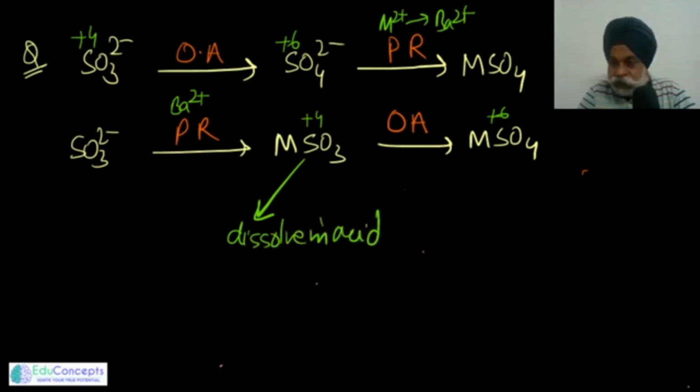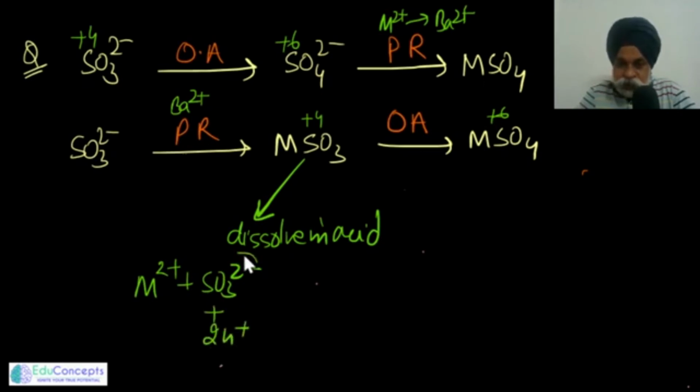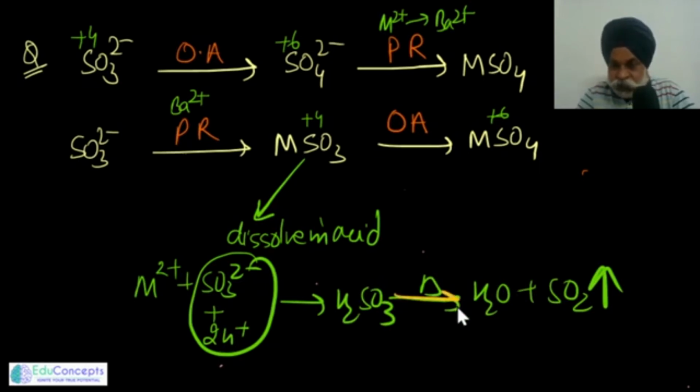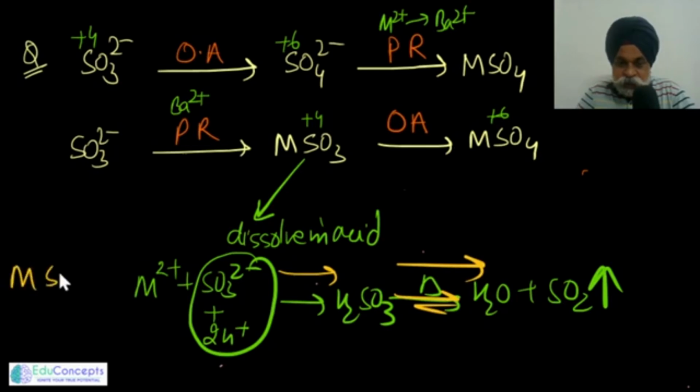Because as soon as you add acid to this, it will change into M2 positive and SO3 2 negative, and SO3 2 negative would pick up 2H positive and change into H2SO3, which on heating would change into sulfur dioxide. As soon as sulfur dioxide leaves the reaction mixture, this equilibrium gets shifted towards this side, and as a consequence this metal sulfite gets solubilized or dissolved into the acid.